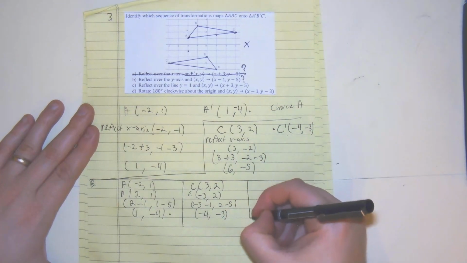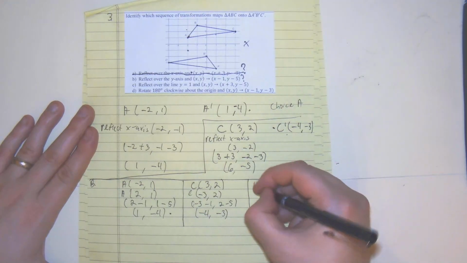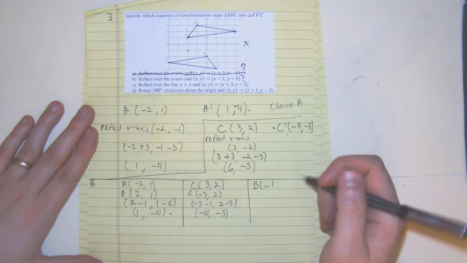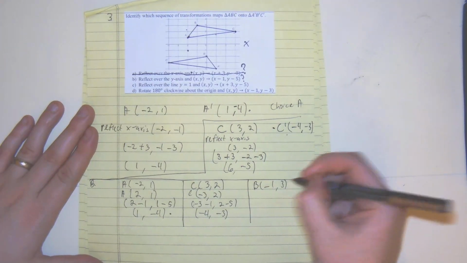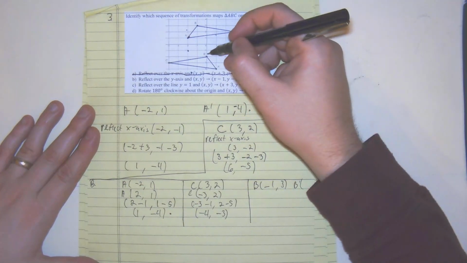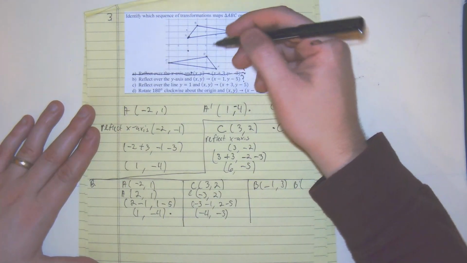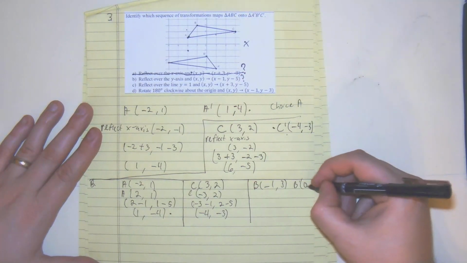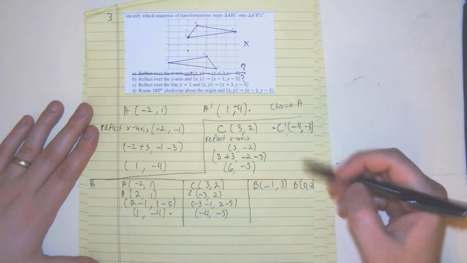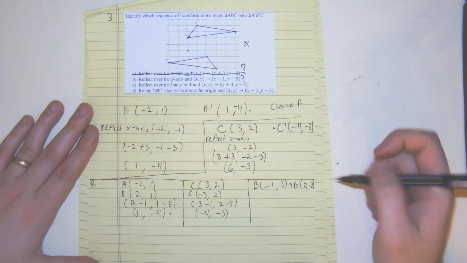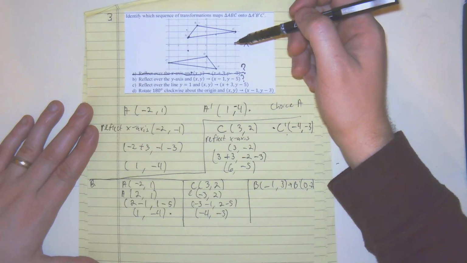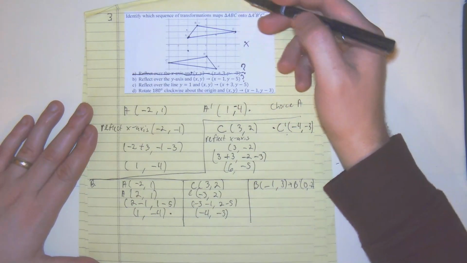But let's check it just one more time. Let's use the value of B. B is at (-1, 3). B prime is at (0, -2). So first we want to reflect this over the y-axis, so we're at (1, 3) instead.